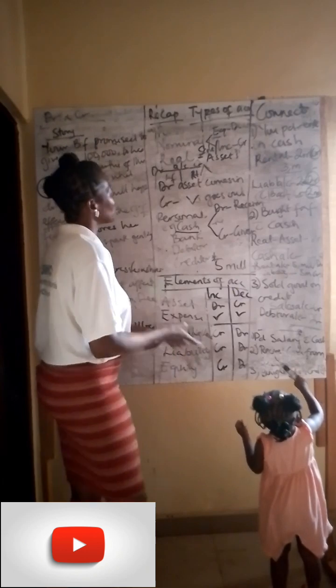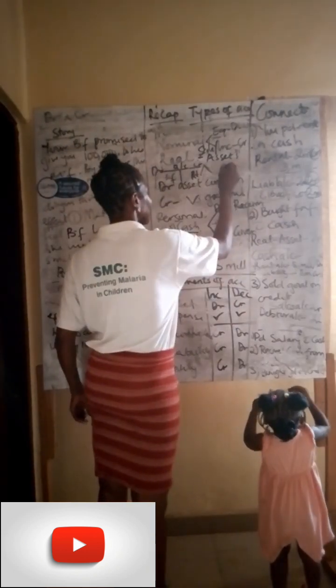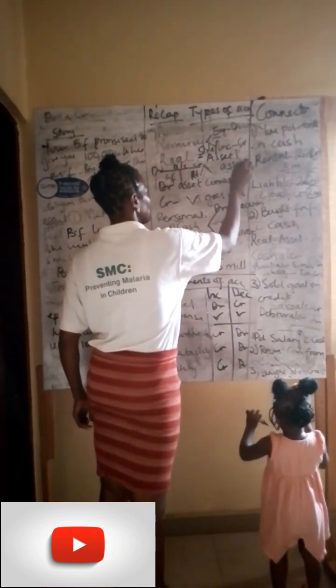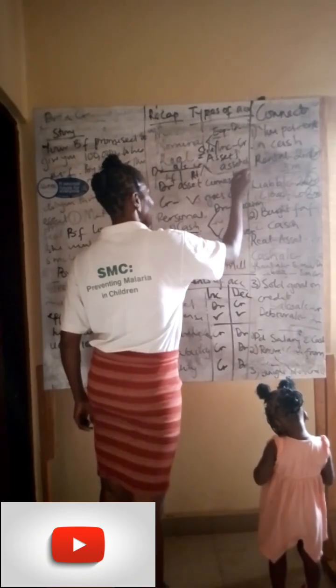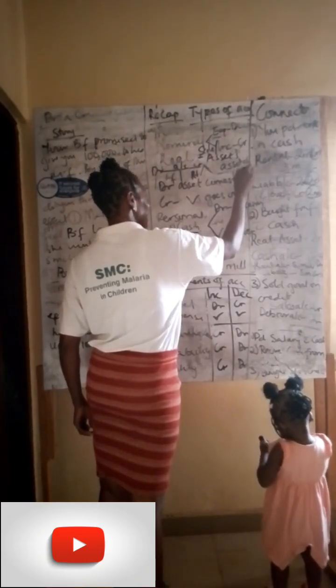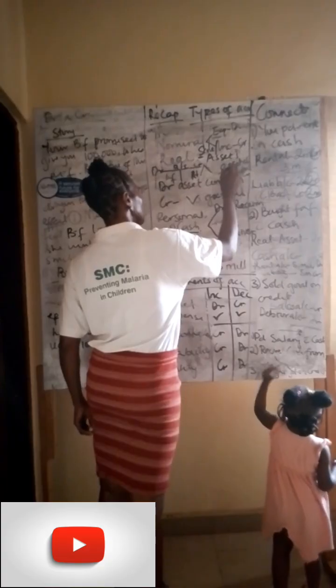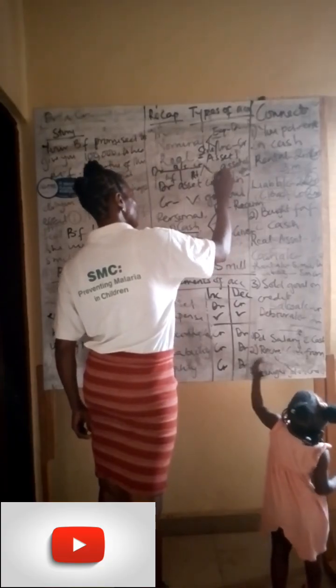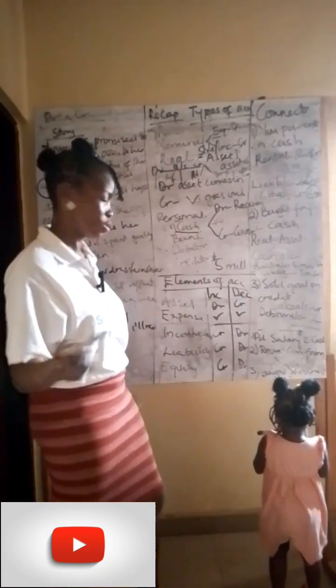So let's assume this is the asset account. For lack of space, please bear with me. On the credit side, I will credit when the assets are reducing. But if they are increasing, I'm going to debit my asset account. Are we together?